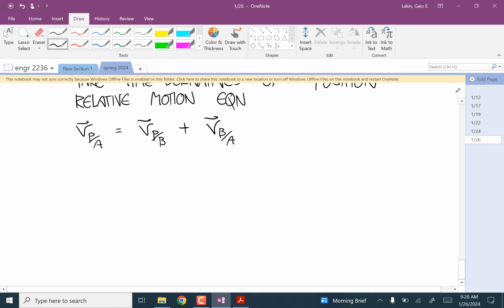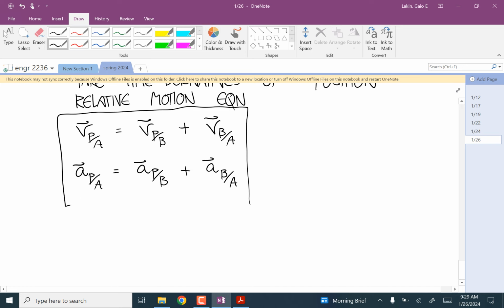And now take another time derivative and you get that the acceleration of P relative to A is equal to the acceleration of P relative to B plus the acceleration of B relative to A. Did you scroll up half a line? Yeah.